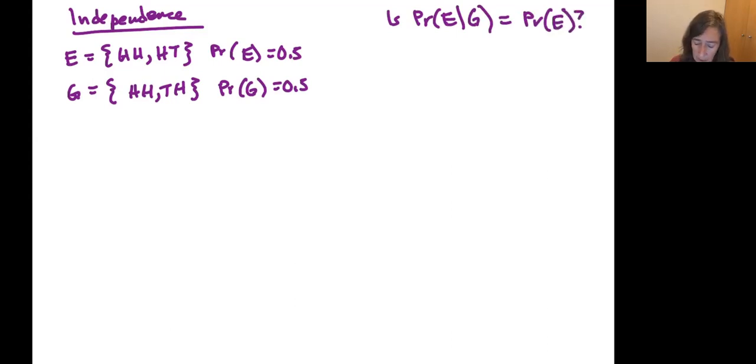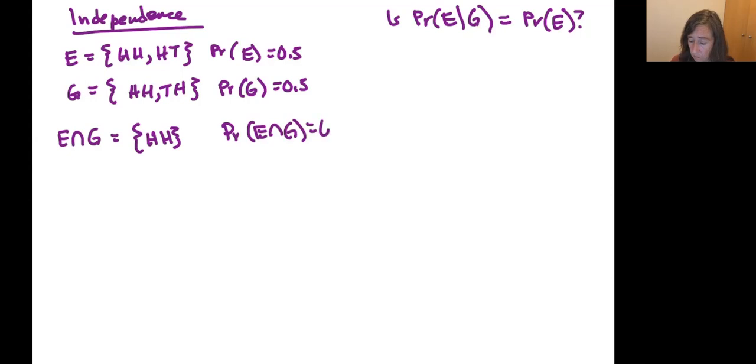Well, let's see. E intersect G is just HH, right? And the joint probability of E and G is 0.25. One of the four possible equally likely outcomes there. So that's enough to use our formula.